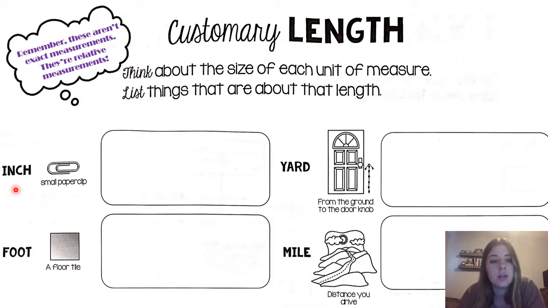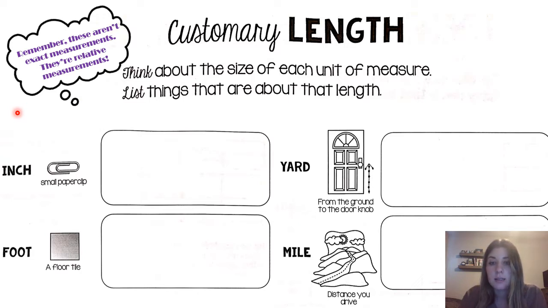So an inch, you can think of a small paper clip, a foot, a floor tile, a yard, the space from the ground to a doorknob, and a mile is like a distance that you drive. It's pretty long. I want you to take a second as we go through these and think of an object that's similar to this and really try to picture it in your brain. And when you're taking notes, you can write down here objects that are about that length.